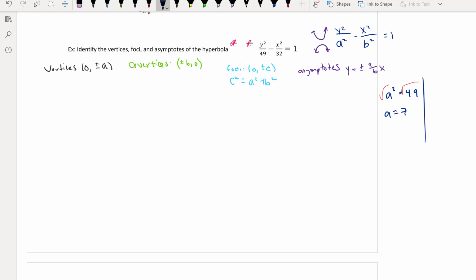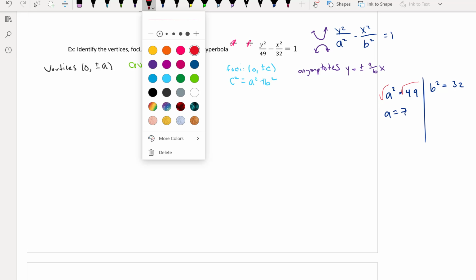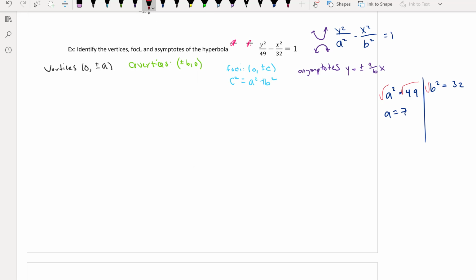Likewise, my b squared, which is the denominator of the x squared, is equal to 32. So if I were to square root both sides, I would get that my b is equal to the square root of 32.